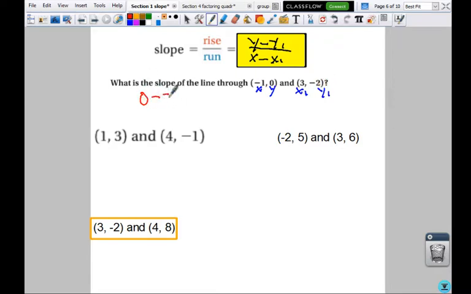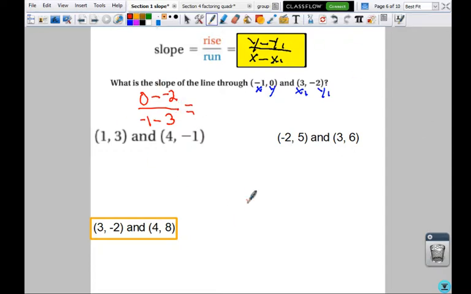So 0 minus -2 over x, which is -1, minus x1, which is 3. All I'm going to do is subtract on the top, then subtract on the bottom, and then I am done unless I need to reduce, which I could get like a 2/4, which is really a 1/2, but that's not as big a deal as this.